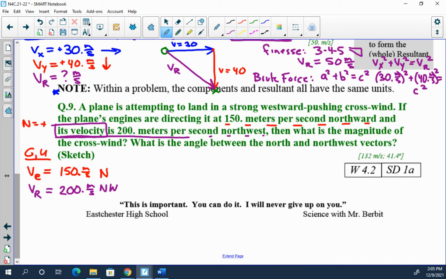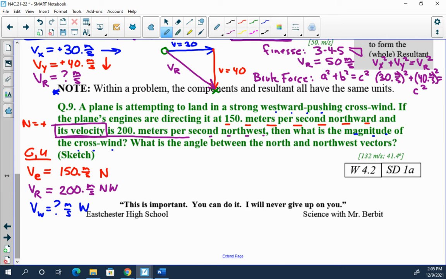And the question says, what is the magnitude of the crosswind? Well, they said up here the crosswind is westward. So the velocity of the wind, we don't know, but we do know it's westward. Now, at this point, if you try to visualize the answer, you might run into trouble. Draw your arrows.